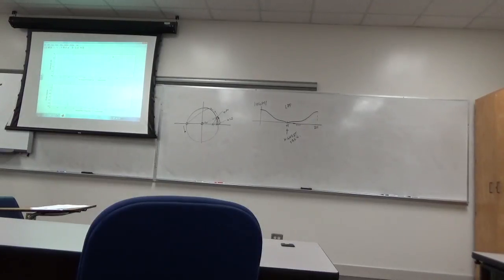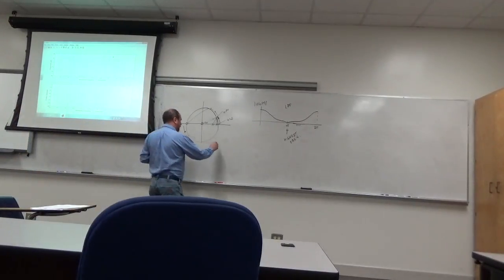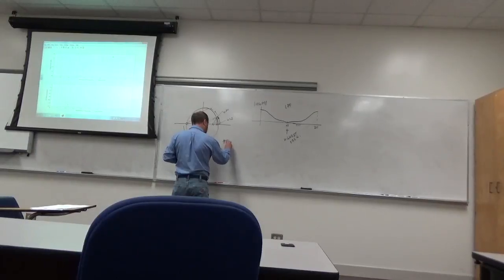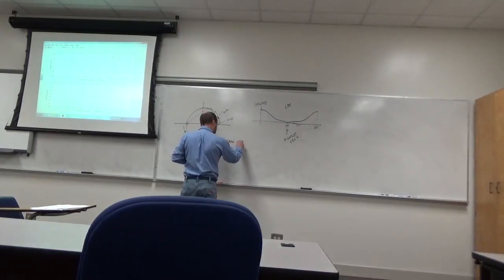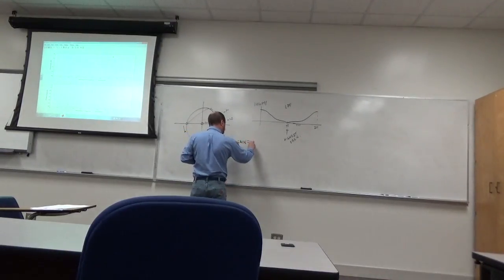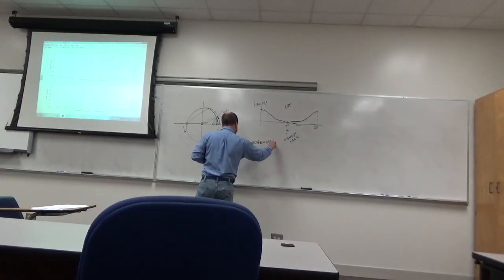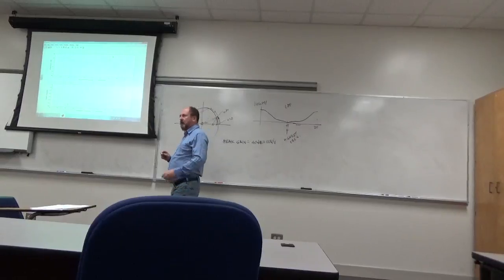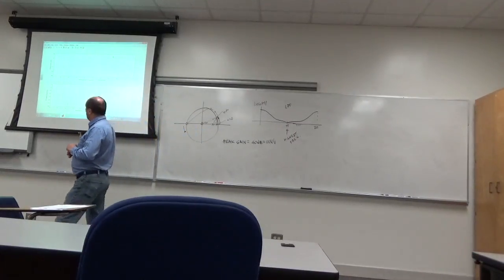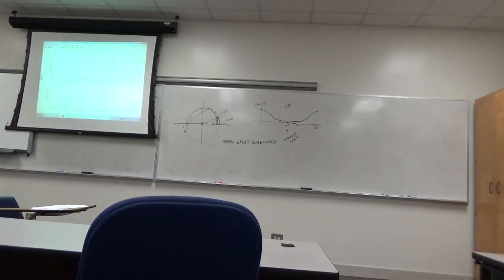Where's this maximum value? 40 dB. Okay, so problem here is that the peak gain is 40 dB. 40 dB is 100 volt per volt, isn't it? Right? So here's what I'm going to do. I don't like that. I'm going to go back.